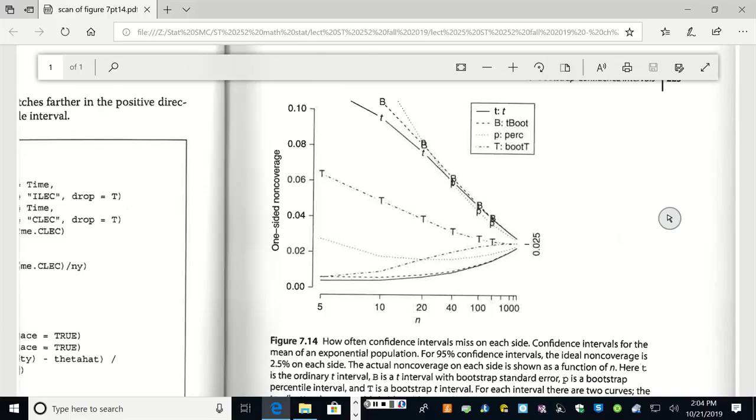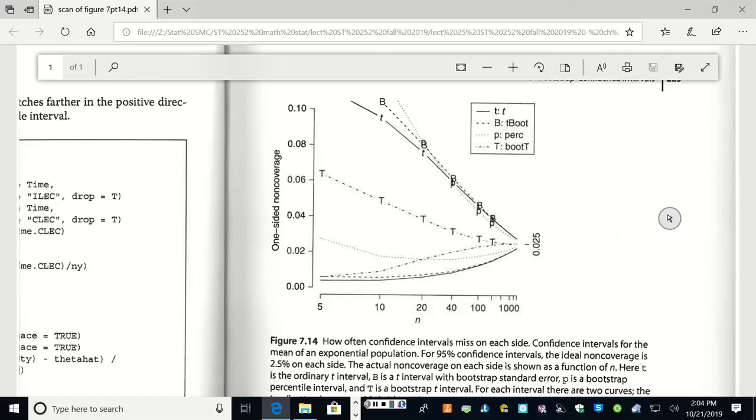Now, often if they miss too high, in one direction, they miss less in the other direction. Because if all shifted in the wrong direction a little bit, it affects a lot of them. So when it's very high missing up here, it's closer to 0 here. When this gradually climbs, the T is the narrowest, closest to our 2.5% idea on too high or too low. Whereas the other ones are really missing on one side more often than the other.